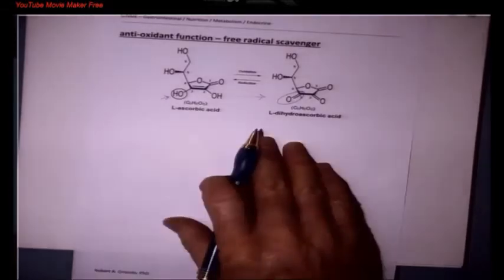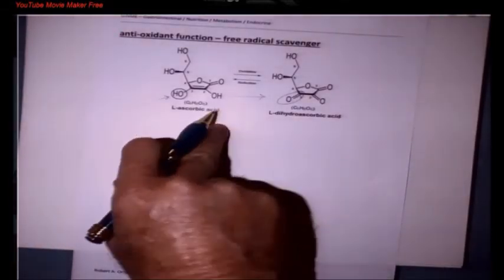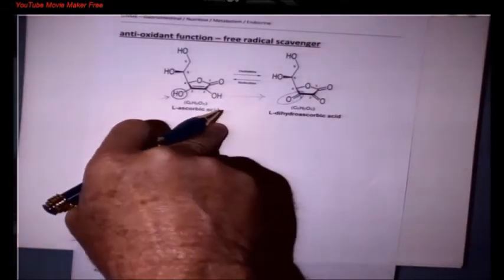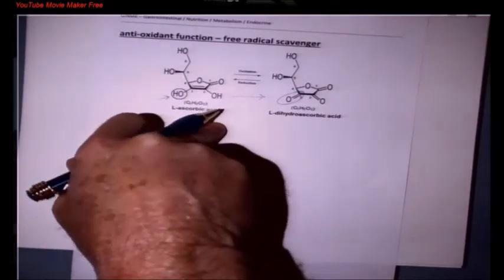Linus Pauling. Remember that guy? Like 2 Nobel Prize winners. So, wow. I'm still trying to get my first one. What? So what he discovered was that vitamin C is very important as a flu remedy.